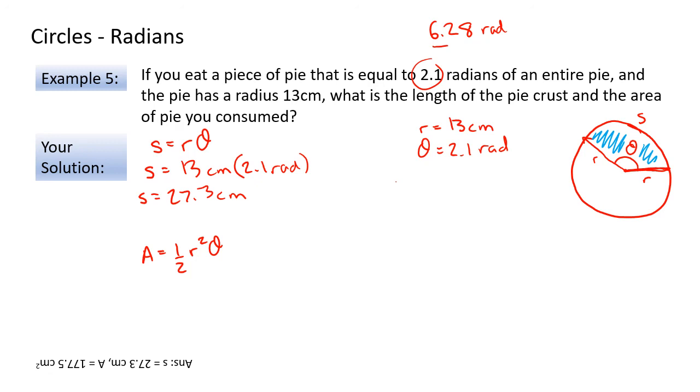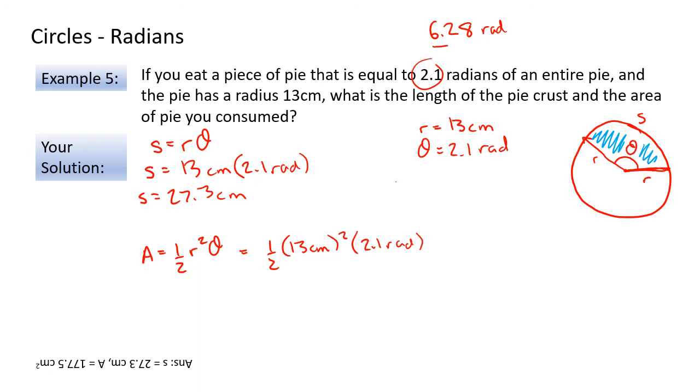Now the area we can also calculate because we have theta and the radius r. The area is equal to 1/2 times the radius, 13 centimeters squared, times theta, which is 2.1 radians. Again, the radians are going to cancel because area in this case will be in square centimeters.